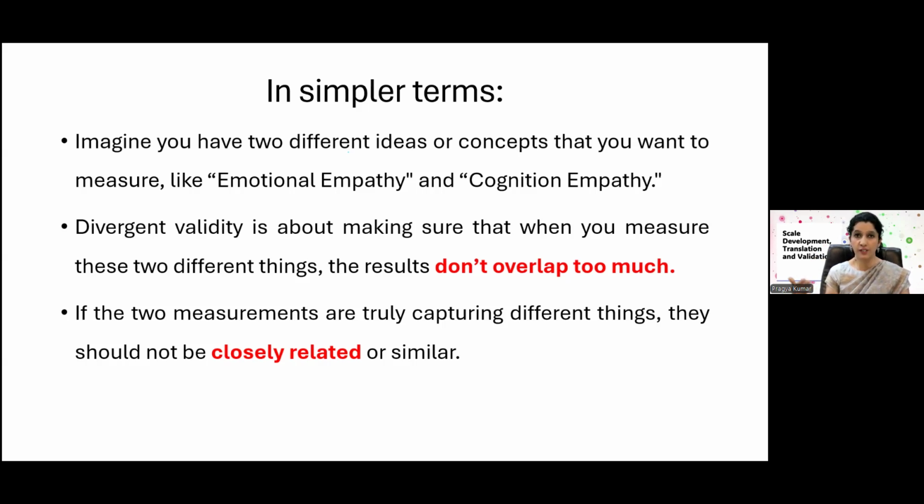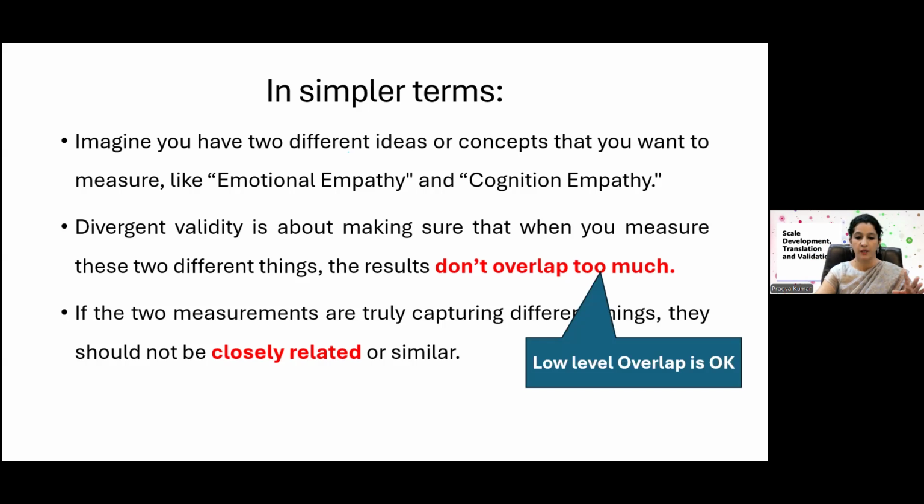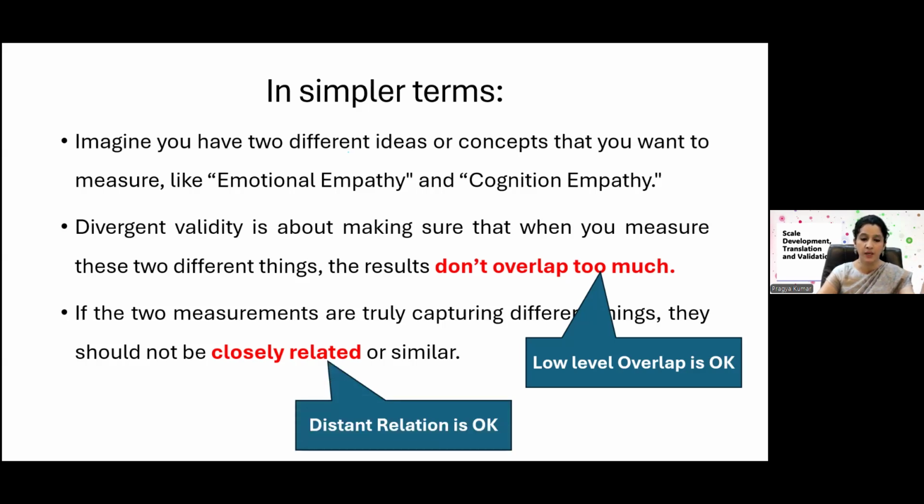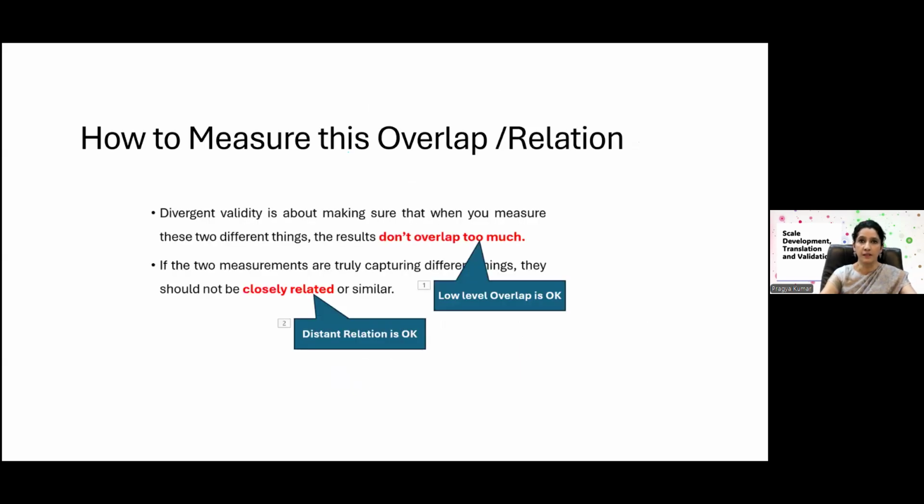So if it is a 3-factor structure, they should not overlap and should not be closely related with each other. A little overlap is okay. That's why we said that overlap is okay, because only then can we say that it is measuring the same underlying construct, because these are 3 factors of the same construct, which is empathy. But this distant relation, we call it discriminant validity.